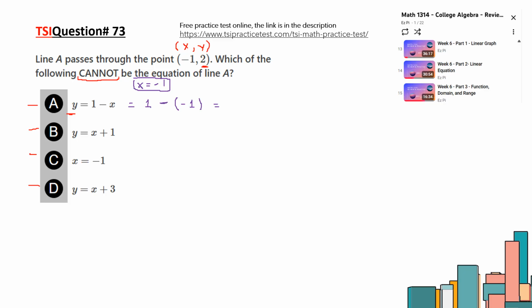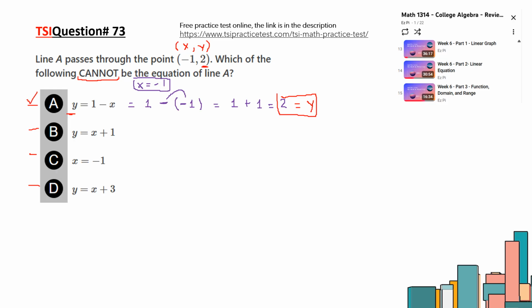In front of the parenthesis is negative, so we distribute to make it positive. We have 1 plus 1 that equals 2, and this is the y value. When x equal -1, you have y equal 2, so A is a right one.